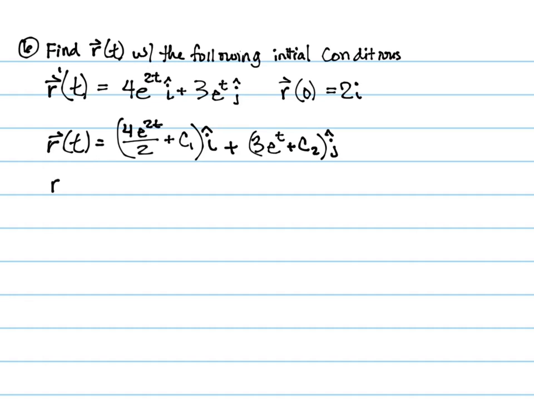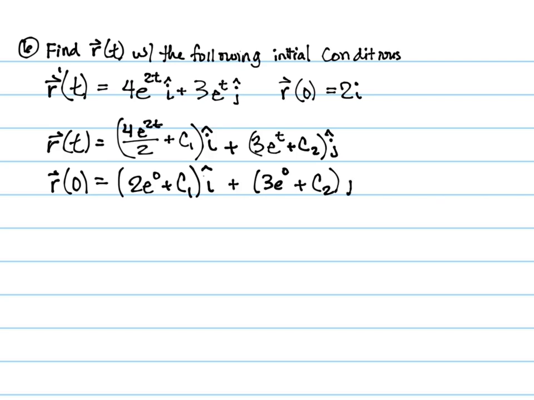So if I put in 0 for t, this would give me 4e to the 0 over 2. This simplifies to 2, of course. I should have just done that. So that's a 2. So 2e to the 0 plus c1. And then I have 3e to the 0 plus c2.